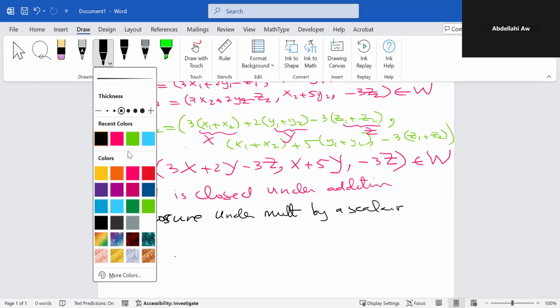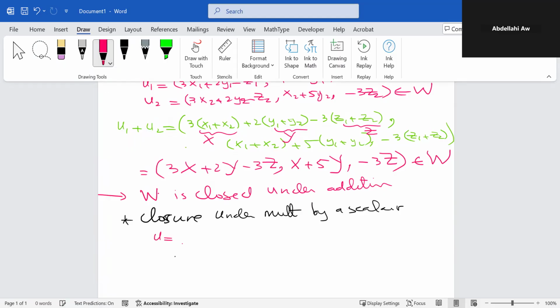So right here, I give myself again u equal to (3x + 2y - 3z, x + 5y, -3z). Here I don't need to call them x1, x2 because I have just one vector. This is an element of W.